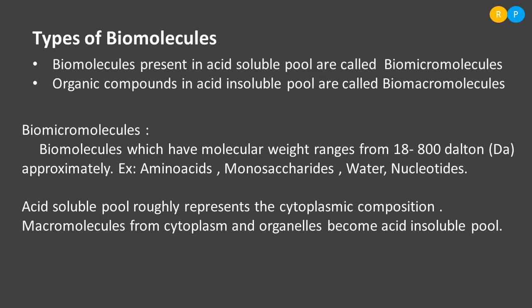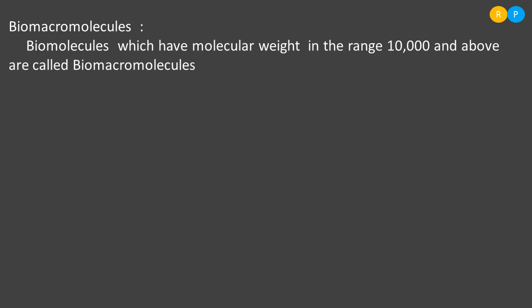So we studied biomicromolecules now. And what is meant by macromolecules? Macro is nothing but bigger, right? The biomolecules having a molecular weight of more than 10,000 Dalton are considered biomacromolecules.